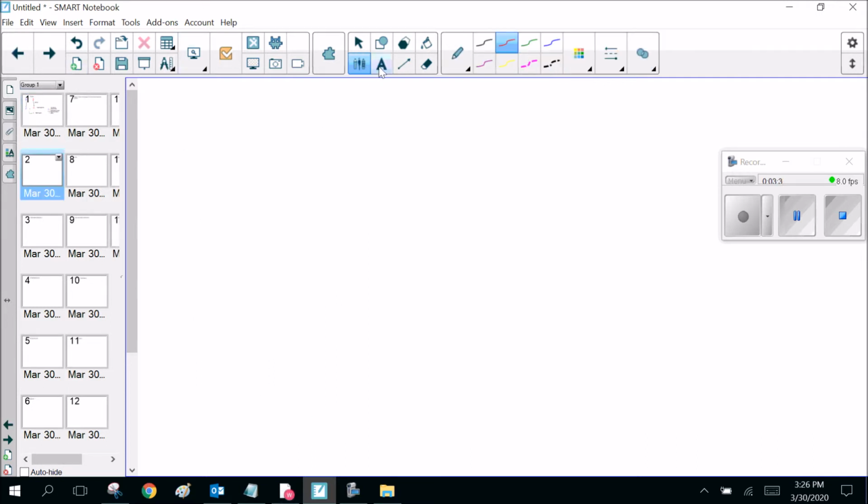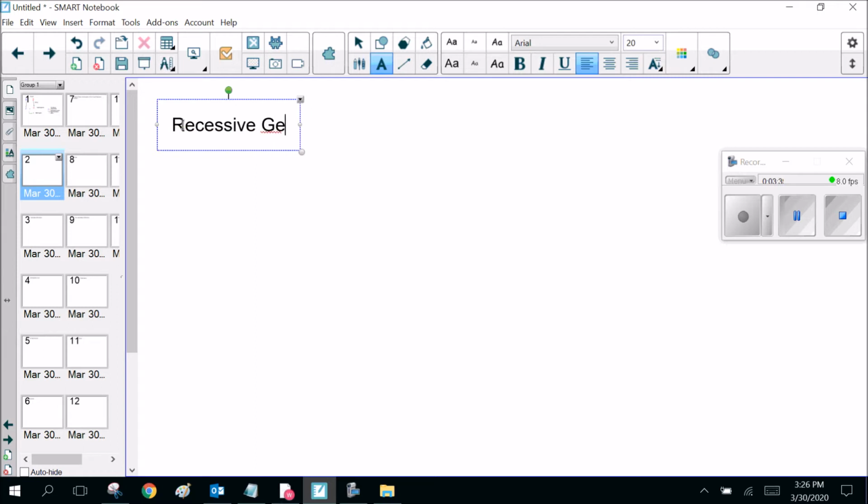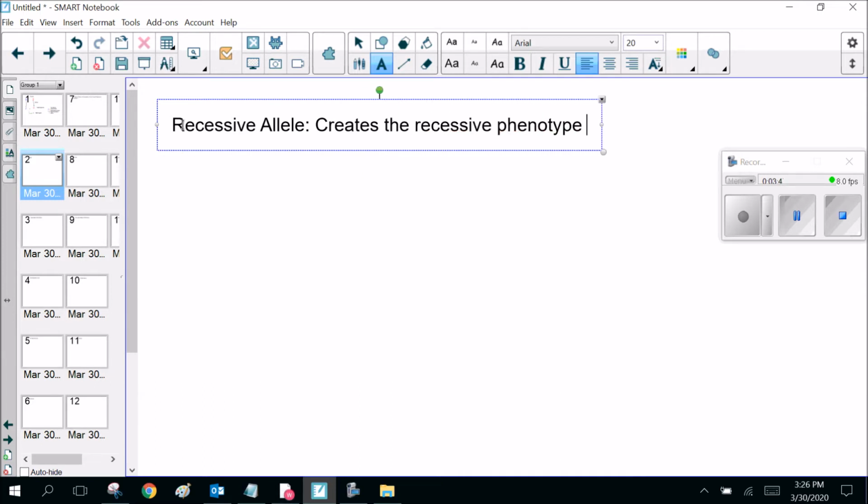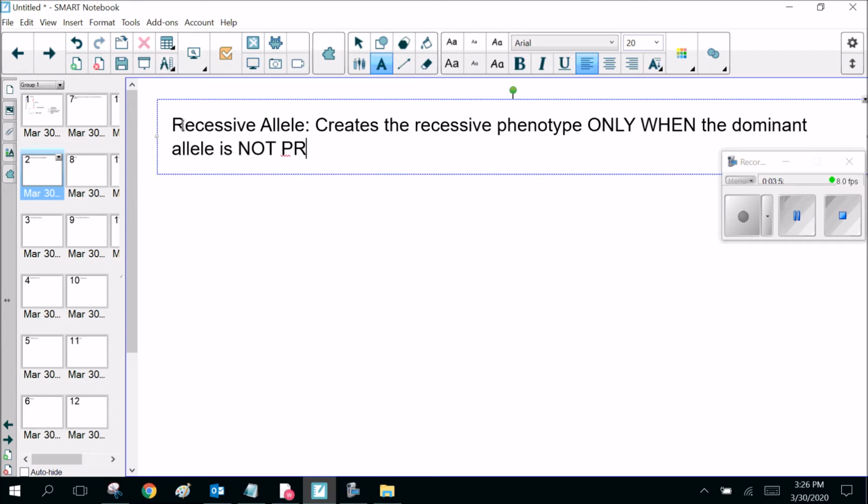If you remember back, we can have a recessive allele, which means that it creates the recessive phenotype, or appearance, only when the dominant allele is not present.